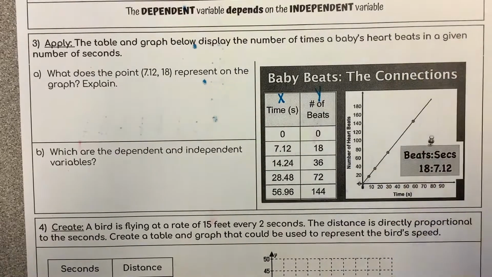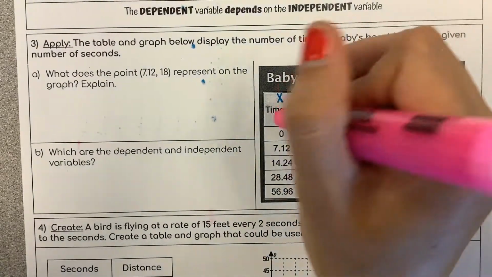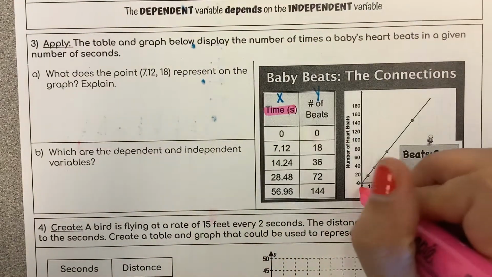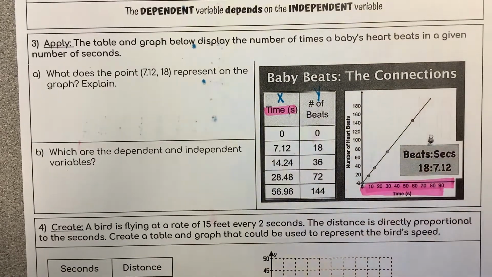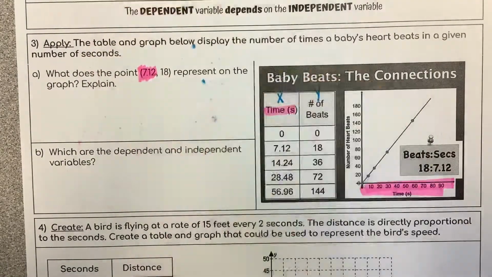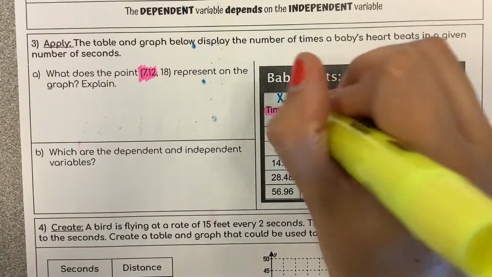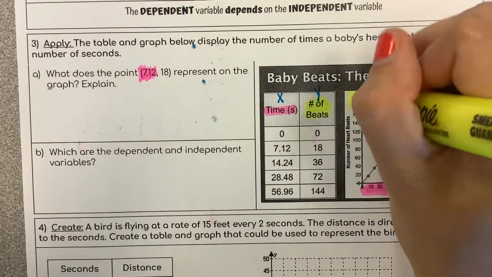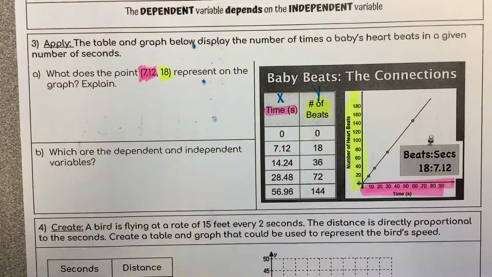So my x is time, which would be here, and that would be my first point here. And our y comes second, that's our vertical axis, and is right there.